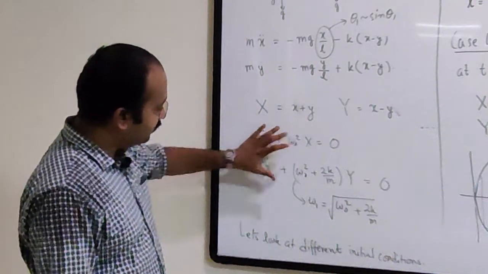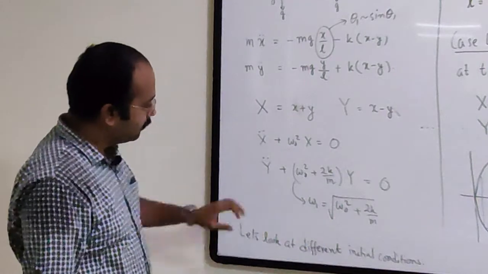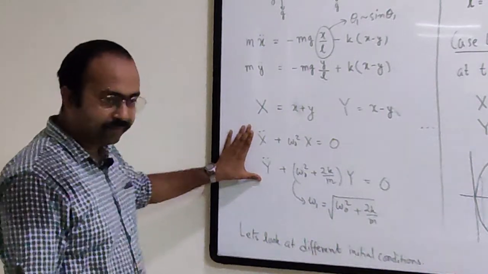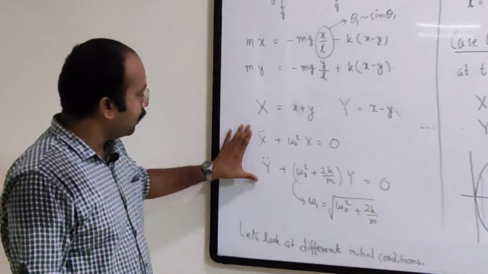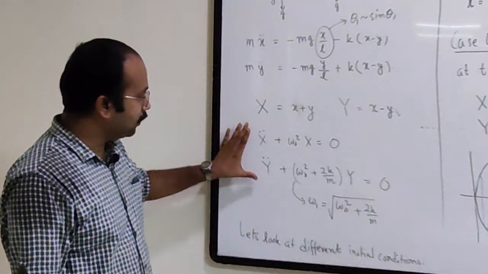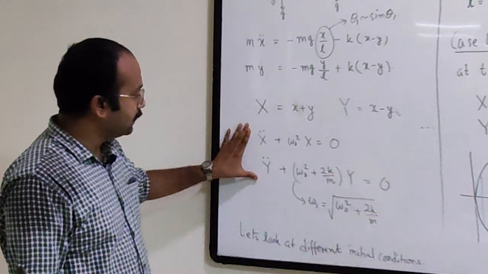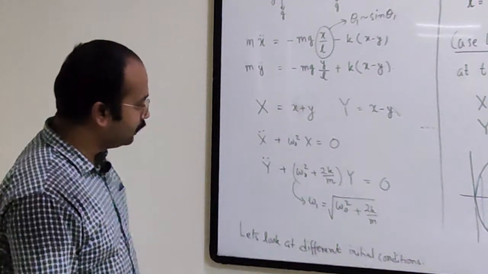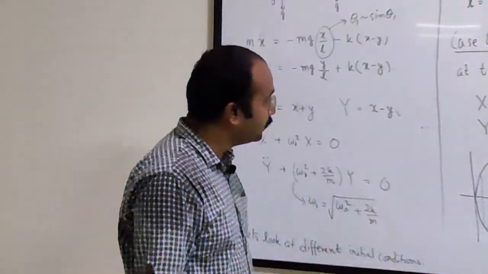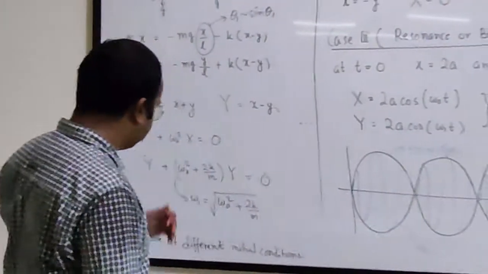So you now have these two differential equations, but knowing just the differential equations is not enough. You also have to know the initial conditions you can put to solve these differential equations. So we will see three interesting cases on this side of the board.